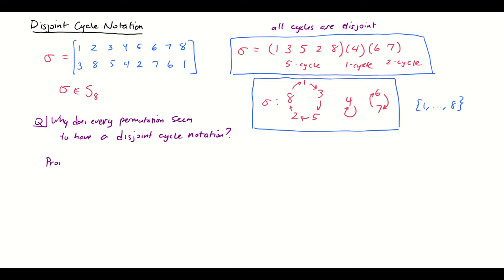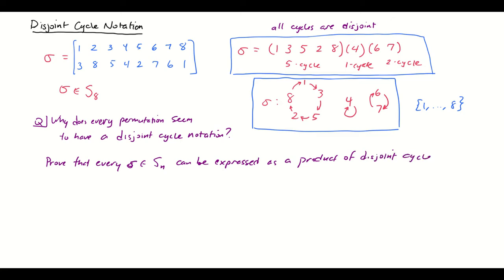So we're going to prove that every sigma in S sub n can be expressed as a product of disjoint cycles. So that every element of this set, the set 1 through n, appears exactly once.